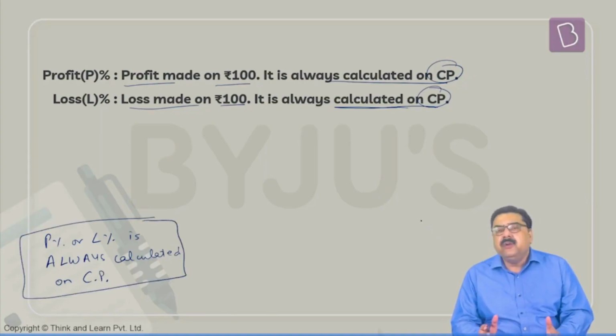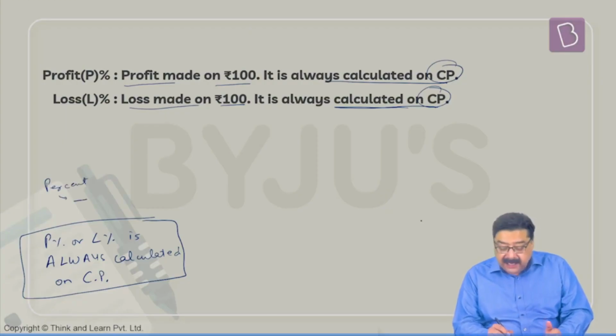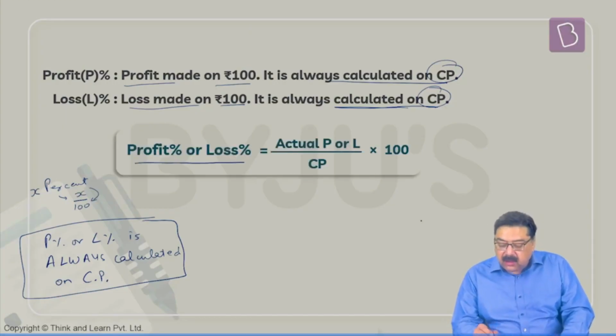And as we know, when we talk about percentage, percent means per is this dividing line between numerator and denominator, and cent means 100. So X percent is X by 100. So profit or loss percent would be calculated as actual profit or loss divided by cost price into 100.